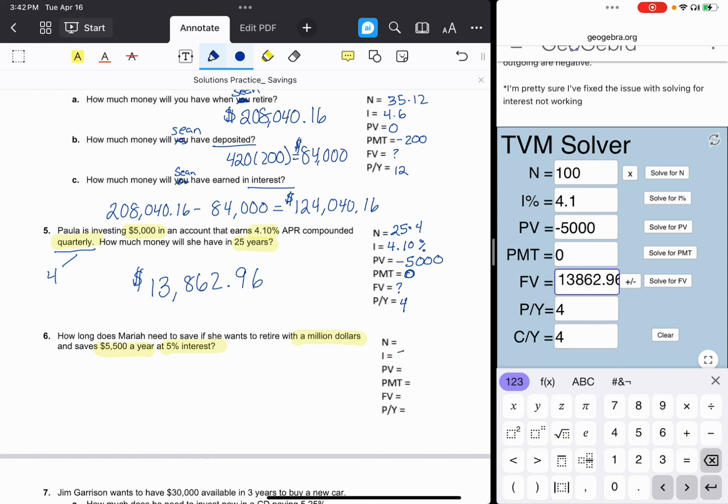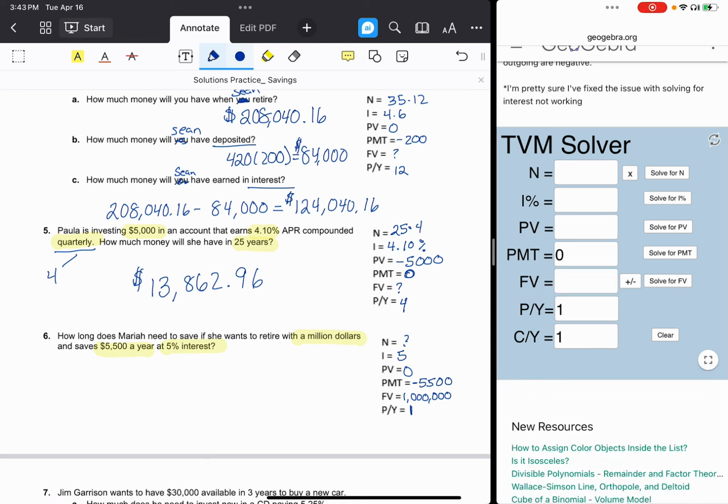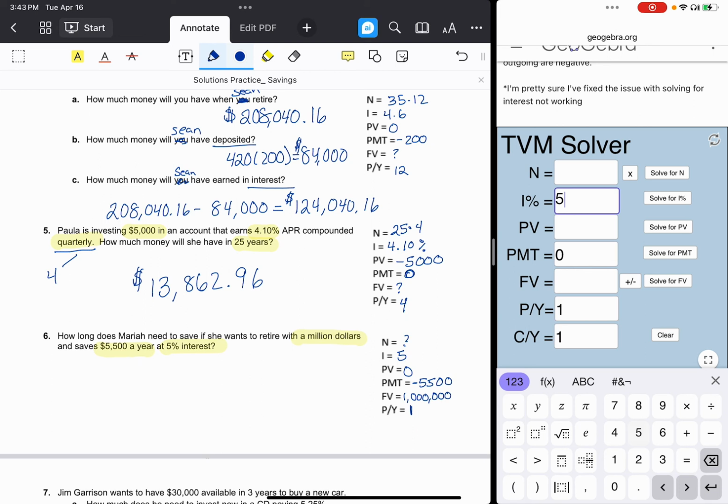So she has 5% interest. She has zero for her present value. She's going to pay out 5,500 each year. And she wants $1 million. So that's 6 zeros. And she's paying out once per year. And we want to know how long it would take her. So in this case, we don't know the end value. We know our interest rate is 5.